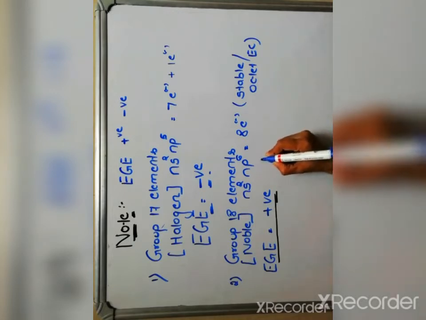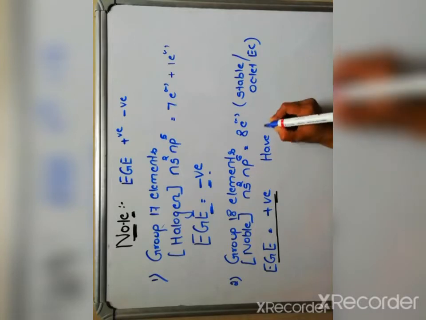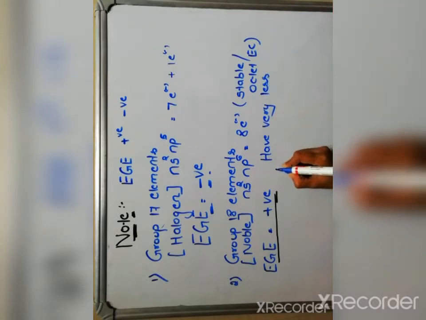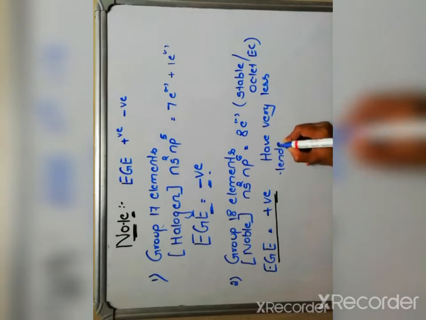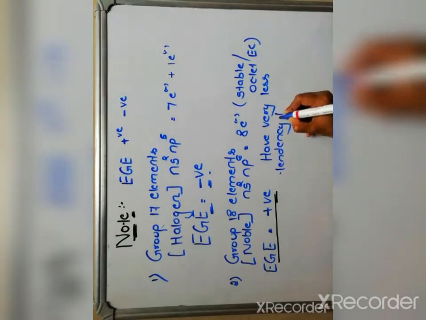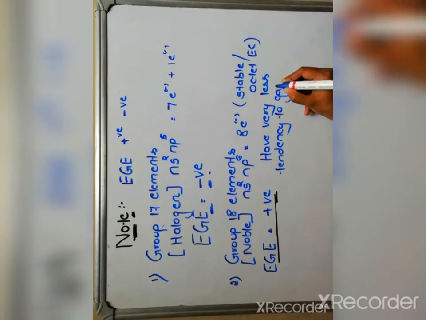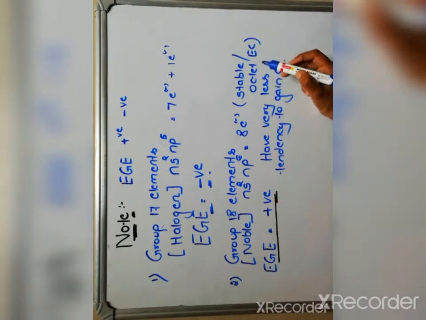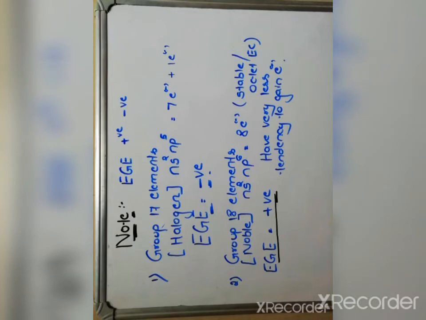So group 18 elements have very less tendency to gain electrons because already it is stable. It has gained the octet electronic configuration.